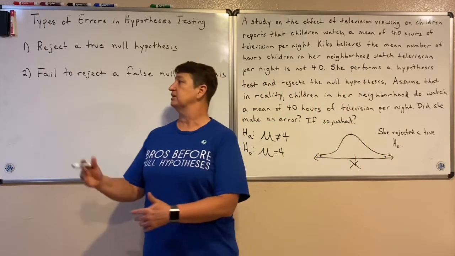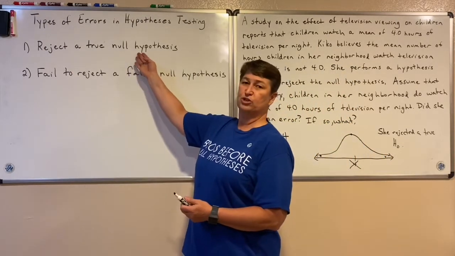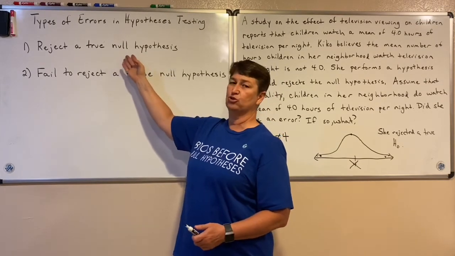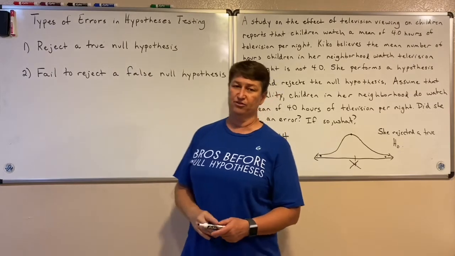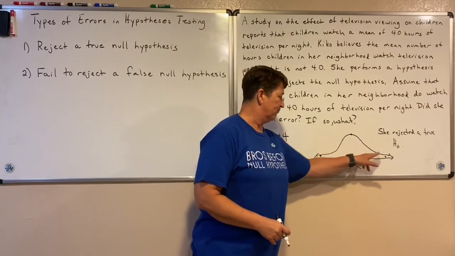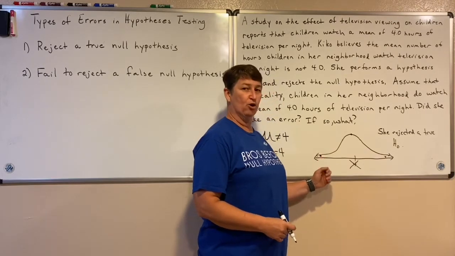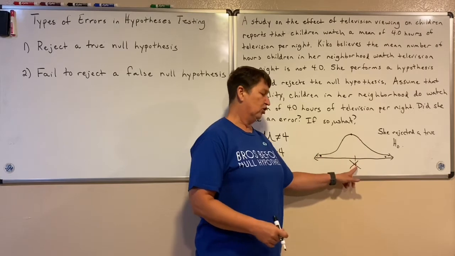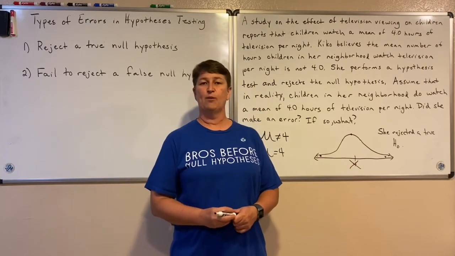So let's look and see which error she made. She made a type 1 error. She rejected a true null hypothesis. So there, she actually came up with something really rare, or maybe her sample just wasn't good, and she rejected her true null hypothesis.